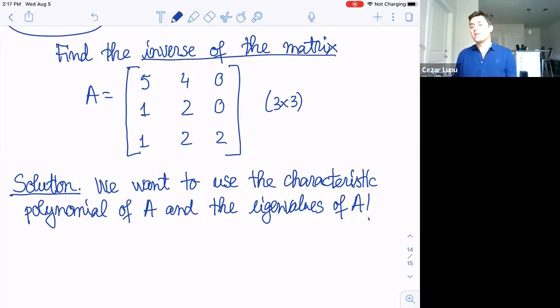So we want to find the inverse. Before we even talk about the inverse, what do we need to make sure of? That the inverse actually exists, right? So the matrix A is invertible.